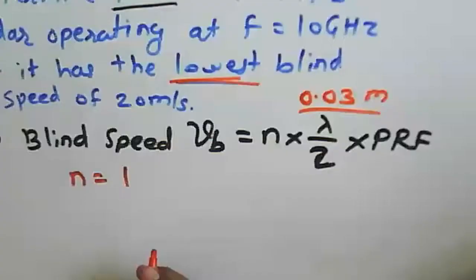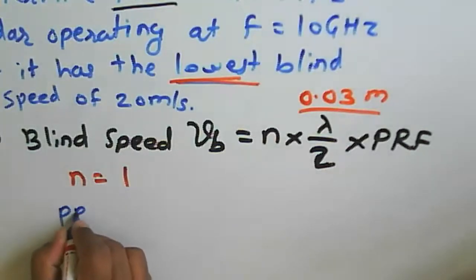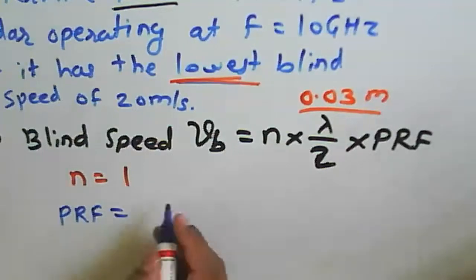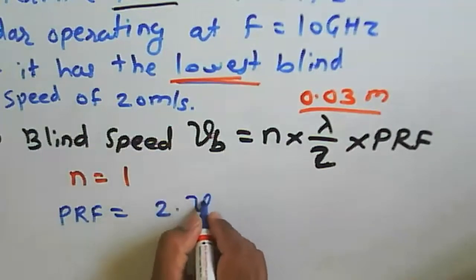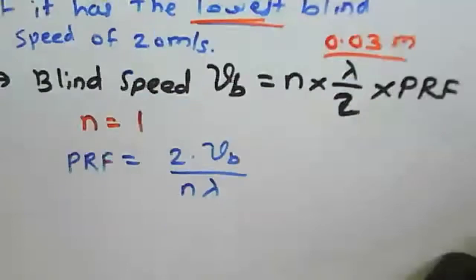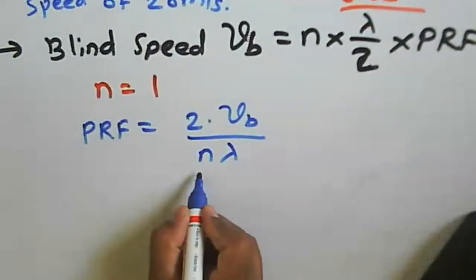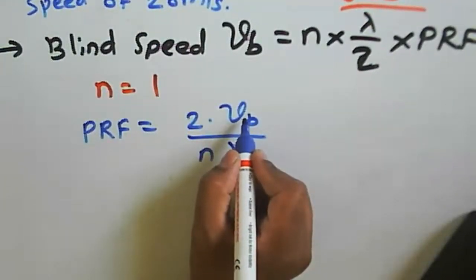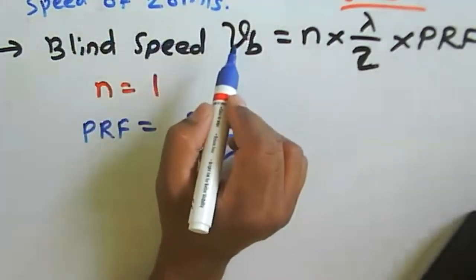So then what will be the PRF? PRF is equal to twice the blind speed VB divided by n lambda. n will be 1, VB is the blind speed, 20 meters per second.